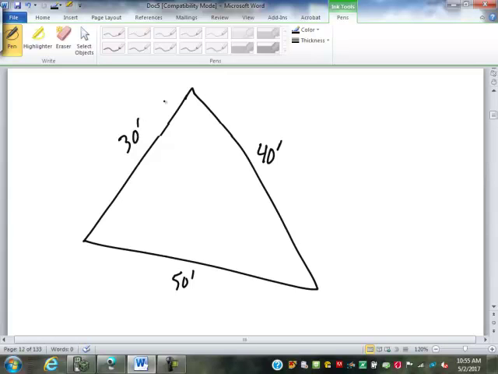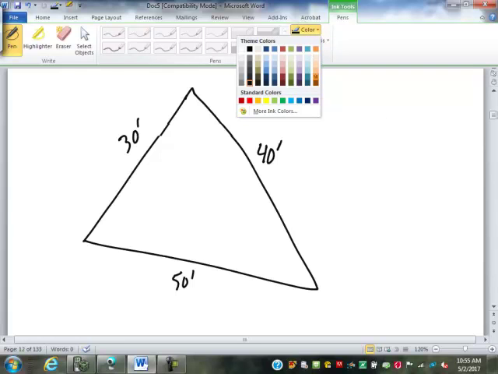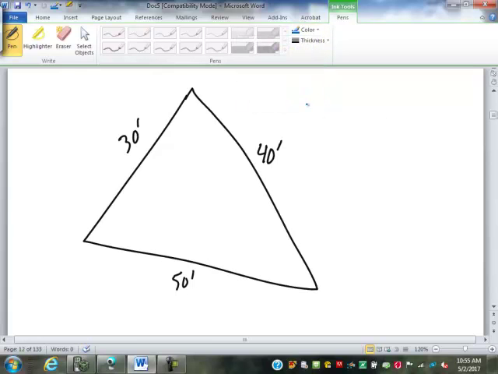Like this, 30 feet, 40 feet, 50 feet. I have none of the angles. Now I could find the area. We use that Hero's formula or Heron's formula to find the area of it. But what if I want to find my missing angles?